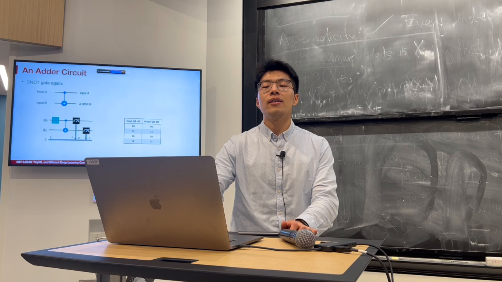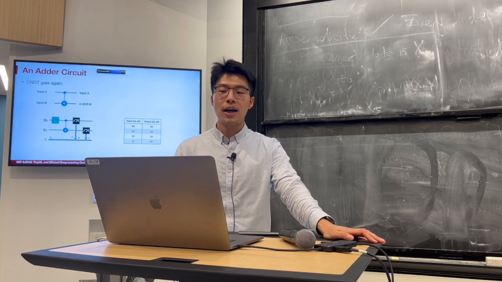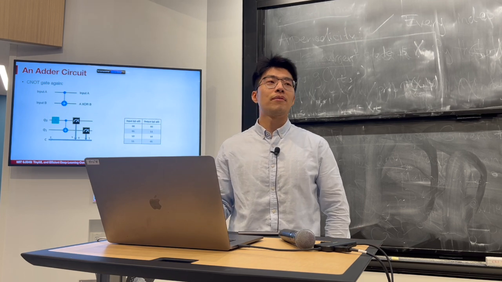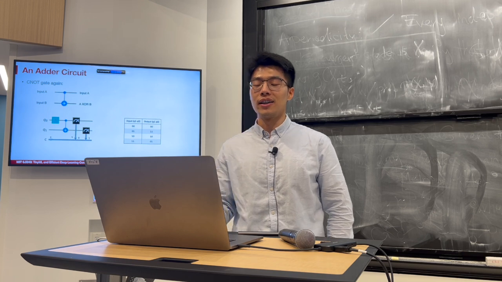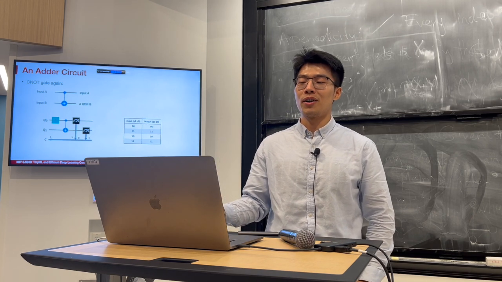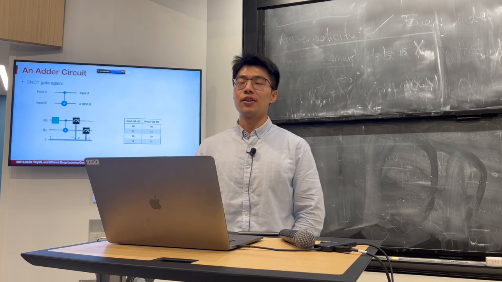So here, let's have a very quick look at a very simple circuit, which is the adder circuit, right? That is also, I believe, the first class we learn in digital circuit design. So we want to design an adder circuit. What can we do in classical digital circuit design?